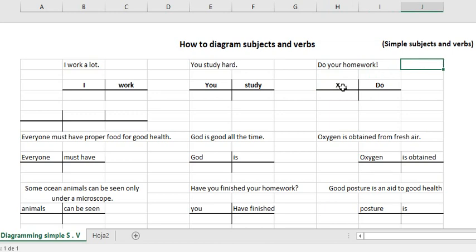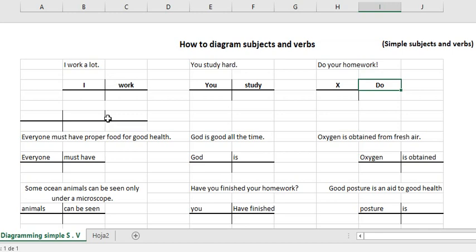That's why we have X for the understood you. The verb is do. We write there the verb. You do your homework. As I told you, here do is capitalized because in the sentence it is capitalized.